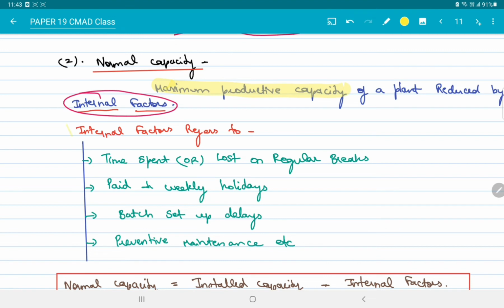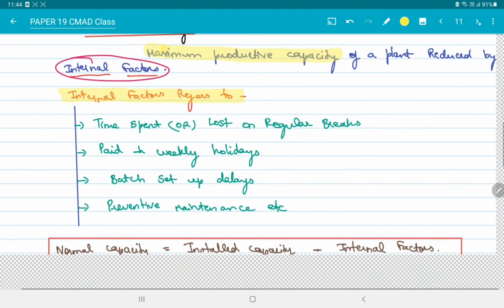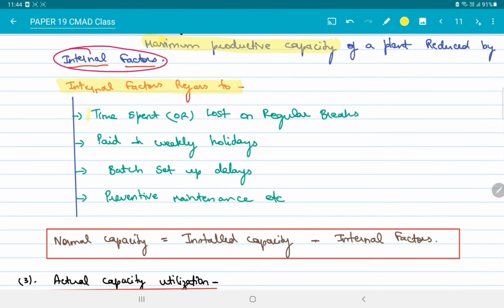The internal factors refer to time spent or lost on regular breaks. What is this regular break? A tea break or coffee break, somebody going for refreshment. So, time spent or lost on that.